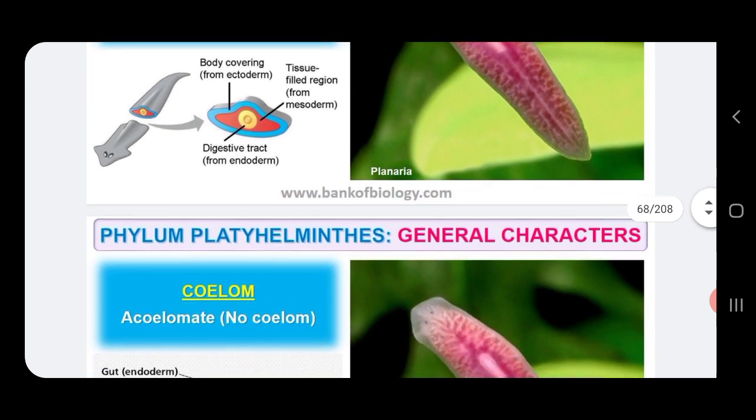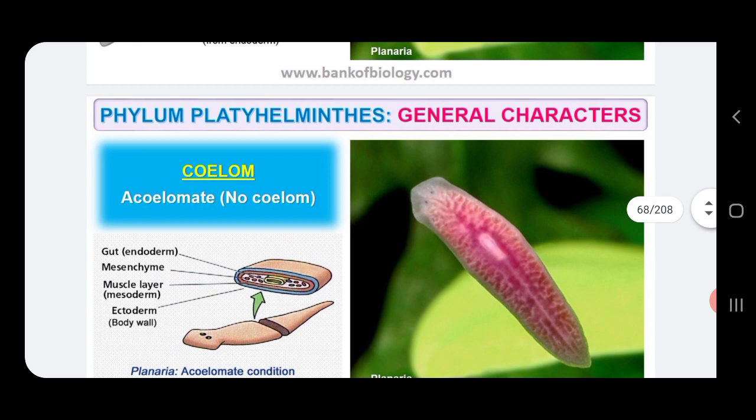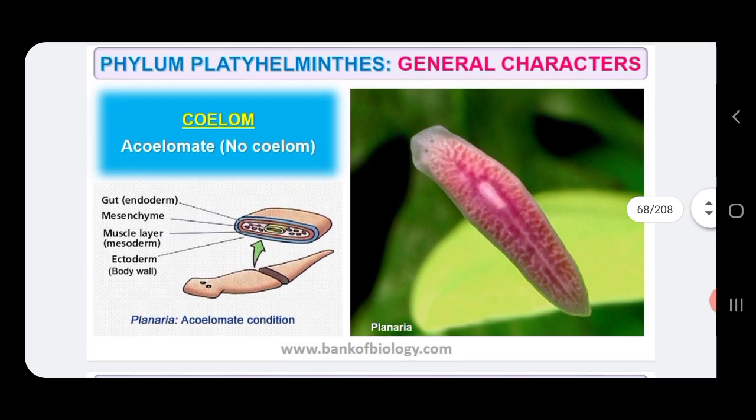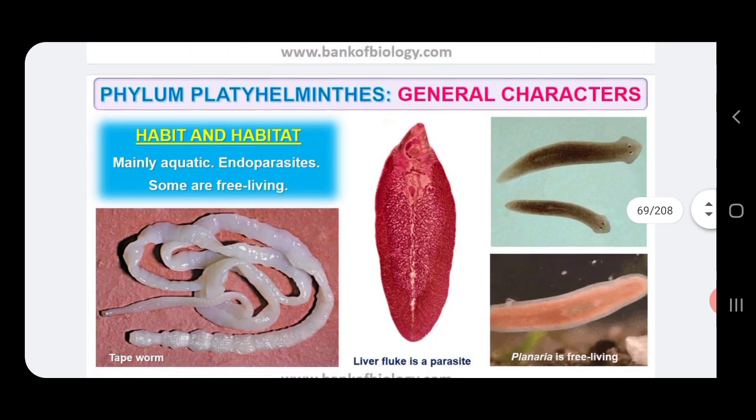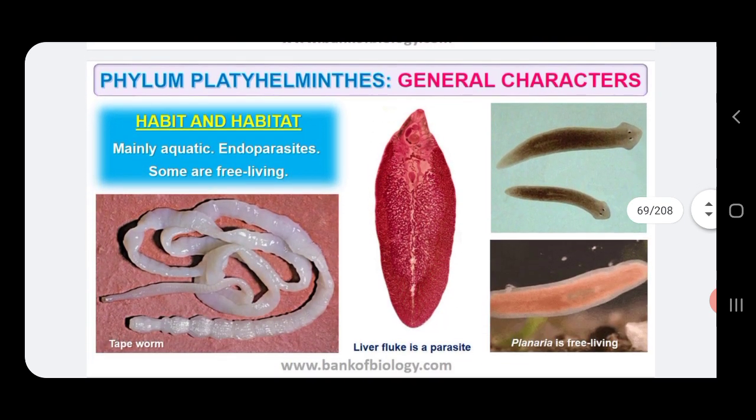Then next one is about the coelom. These are acoelomates, means no coelom, no body cavity in between the outer covering and the alimentary canal. The next one is about the habit and habitat. So they are either freshwater, you can take example planaria, or they are marine, or sometimes they are found in moist soil.